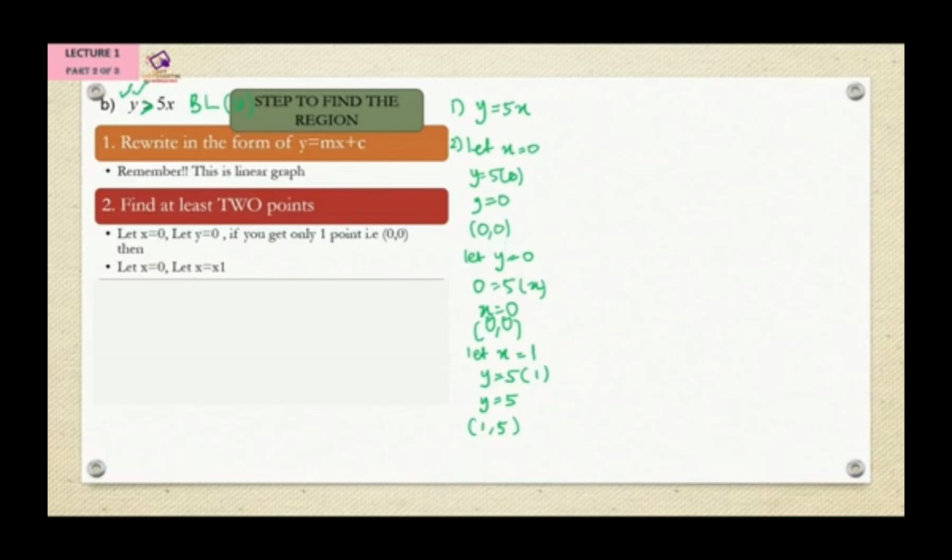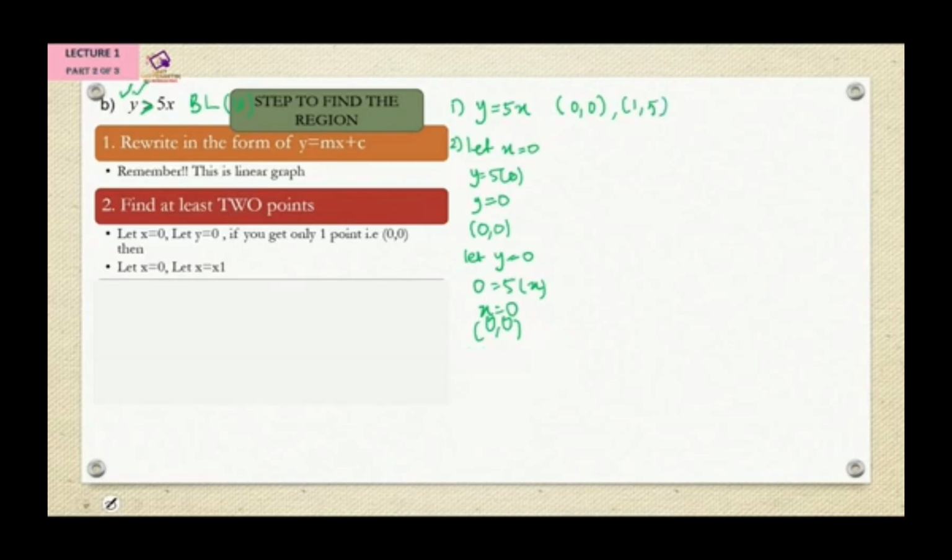So you need to find another point. So let x equals to 1. So until this stage, you can choose your x, whether 1, 2, -1, -2, or something else except 0, so that you will get another point, which is here 1, 5. So the points will be 0, 0 and 1, 5.